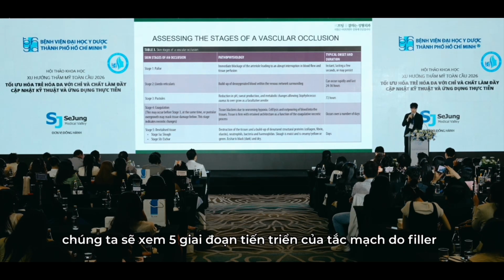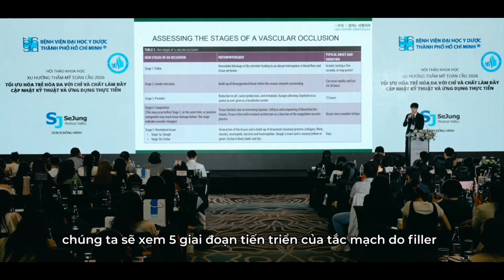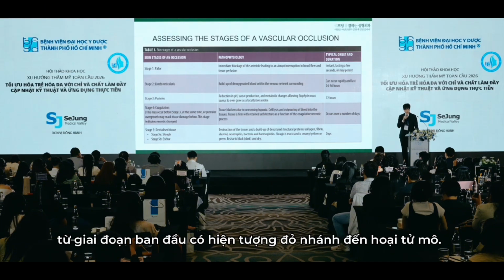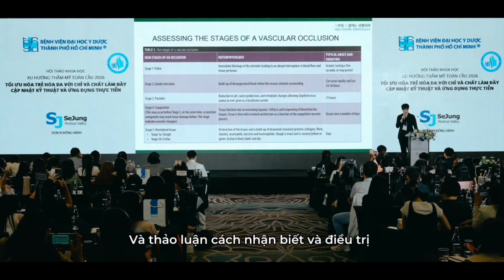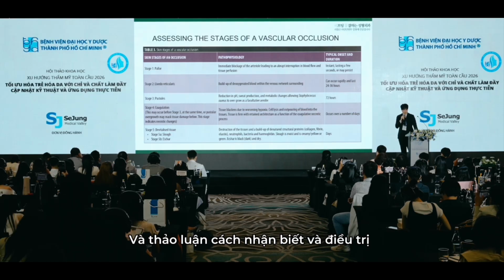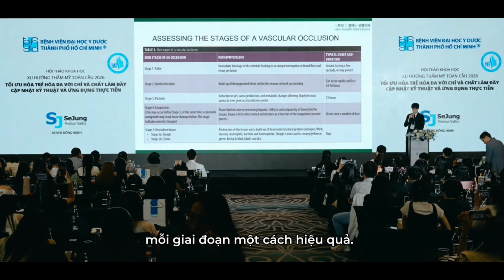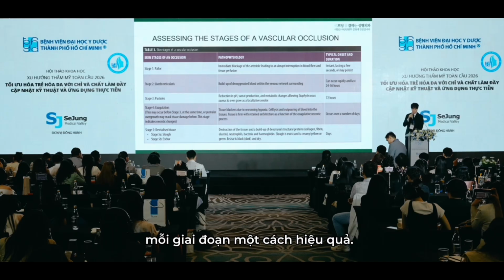Next, we will look at the five progressive stages of vascular occlusion, from early blanching to tissue necrosis, and discuss how to recognize and treat each stage effectively.